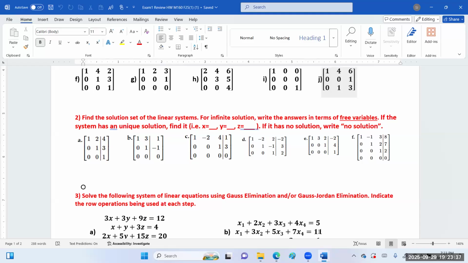Or do you have infinite solutions? If you have infinite solutions, you have to write the equation for each variable. Which one is the free variable? And how do the other variables depend on the free one? For example, let me give one example.